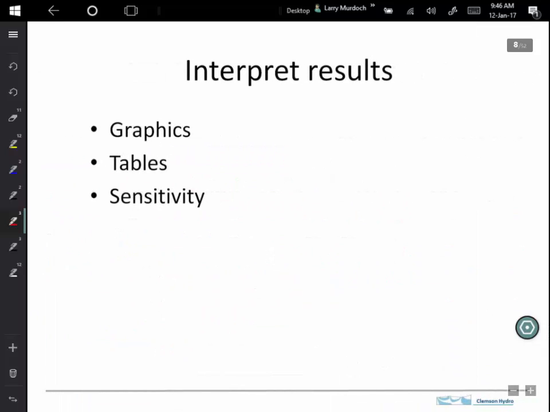Okay, so we've set the model up. We've got some results. We've got some numbers. We want to interpret those results. We've got a bunch of numbers. We might put those numbers in tables. That could work. Often though, we'll use graphics. So we'll have some kind of a plot of the results.